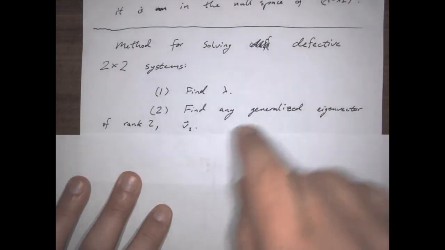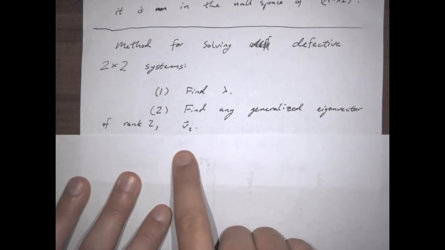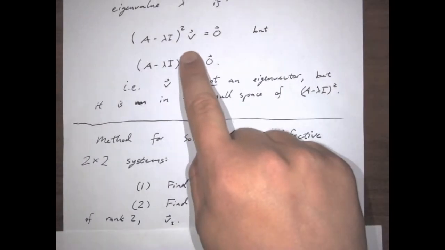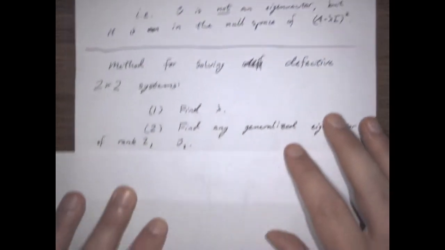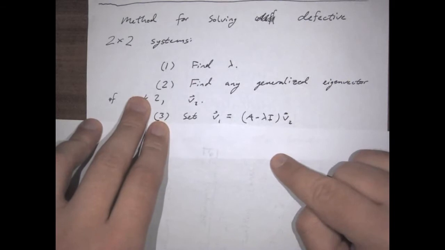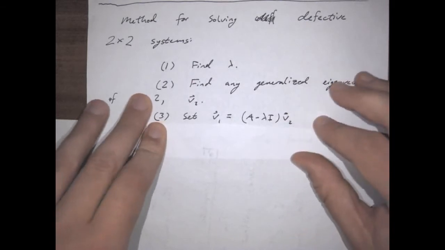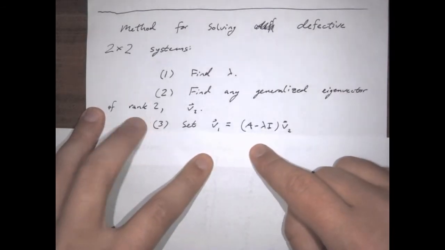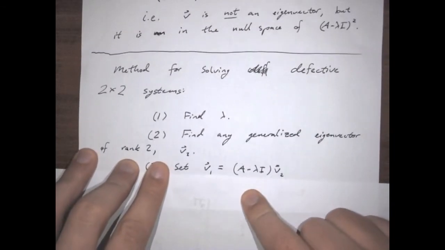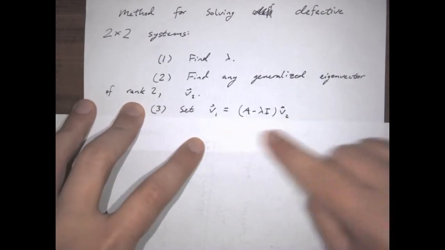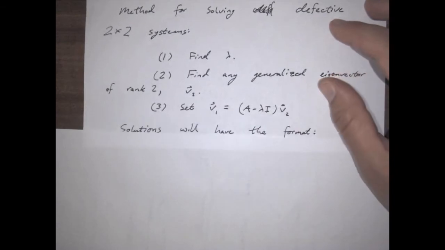In particular, what we mean is something that is not equal to 0, but which satisfies this. Then we set v1 equal to A minus lambda I times v2. And we'll discuss why it will work when we actually get into it.